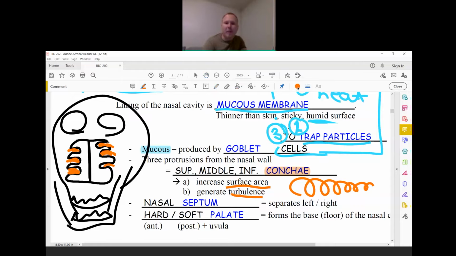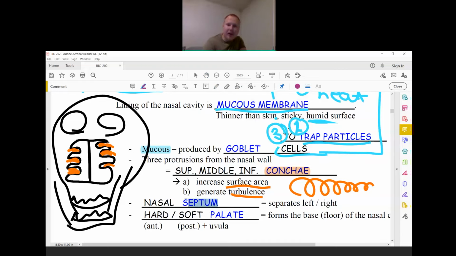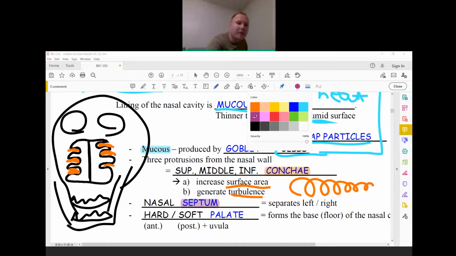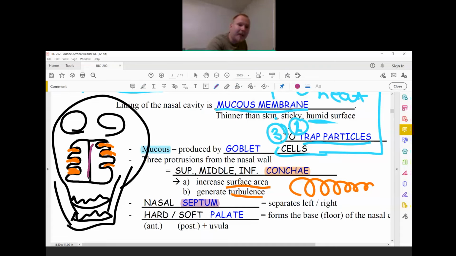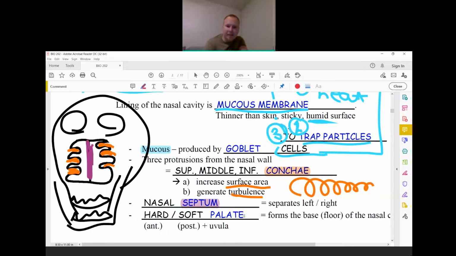Other structure that I do want to mention at this point is the nasal septum, which separates the nasal cavity into left and right side. And it would be on this diagram of ours here. One more thing, or two more things that I'm going to mention there is that we also end up finding that the floor of the nasal cavity is made by the palate.